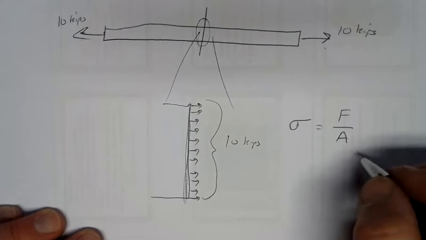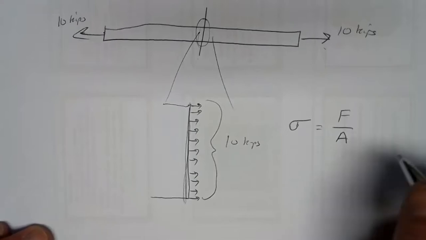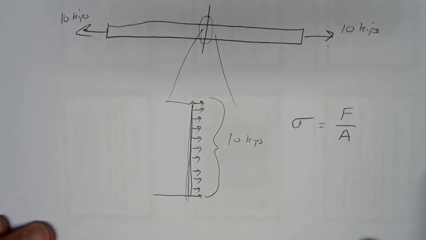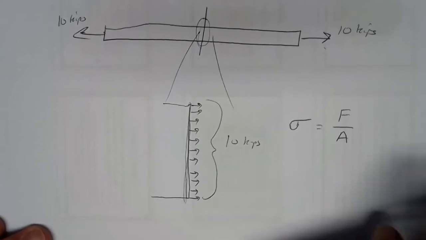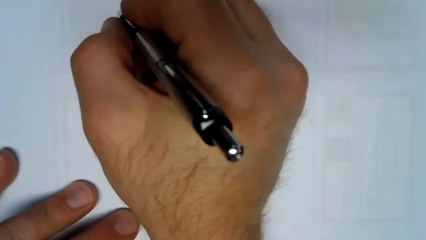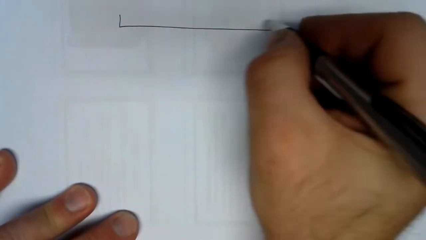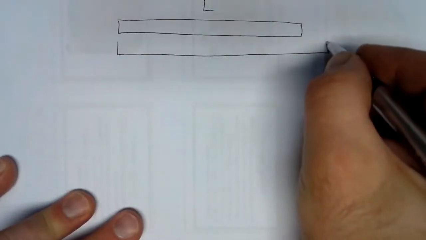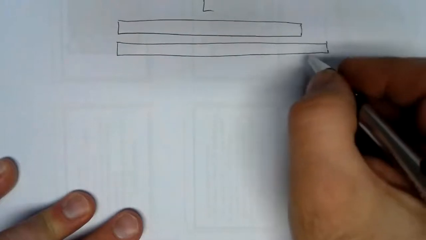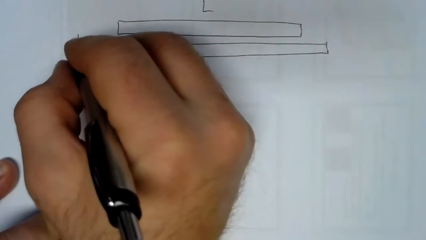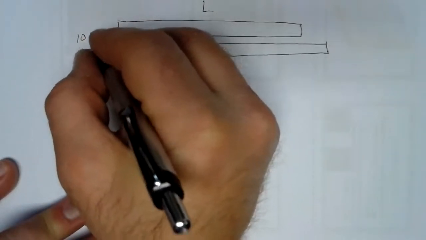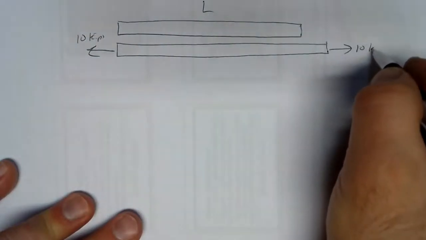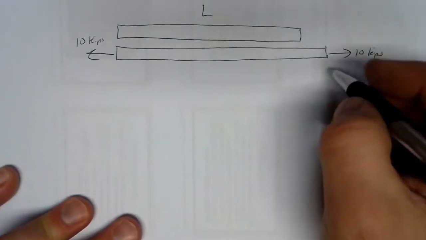So that's normal stress. Then we looked at the response to stress. We saw that materials tend to expand when they're put in tension and tend to contract when they're put in compression. So we saw normal strain. Normal strain involves applying a force to something and measuring how much it elongates. So when we've got our structural member loaded, it stretches out by some amount.